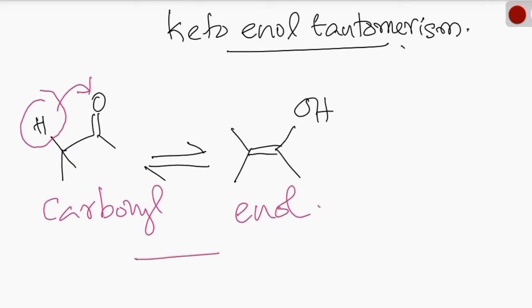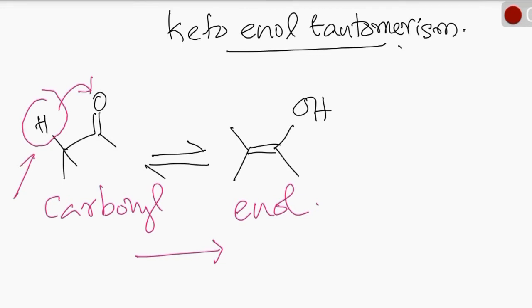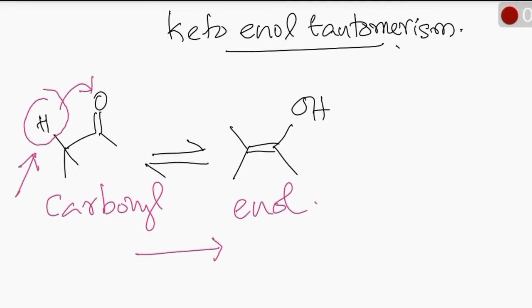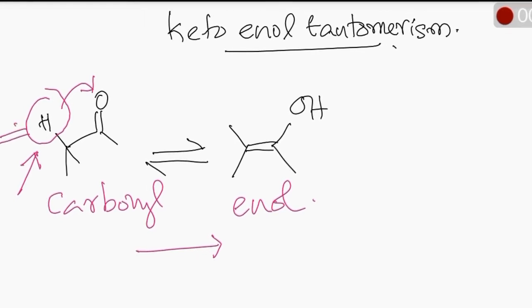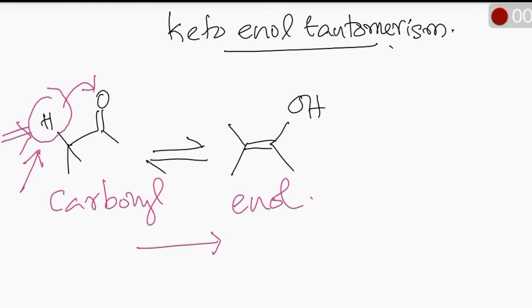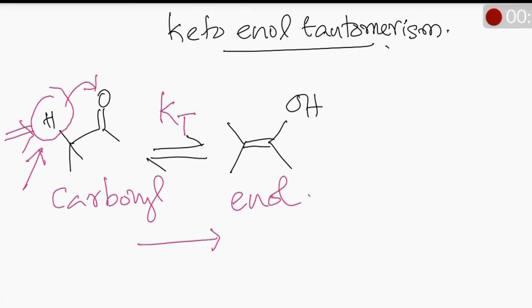The extent of enolization depends on the acidity of the hydrogen atom, that is the acidity of the proton. The more acidic the proton, the more probable the enolization, and hence the equilibrium constant for tautomerism will be high.